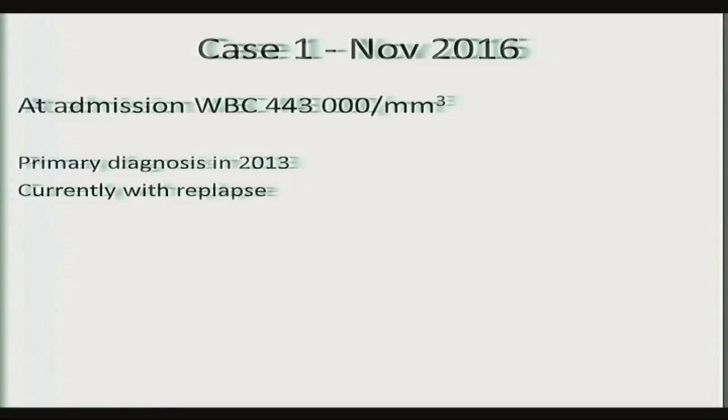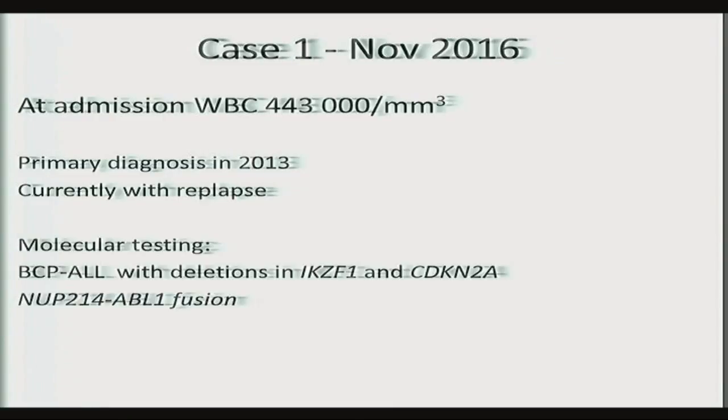So case 1, I am personally involved in this case because during my overnight duty, this patient was admitted with a relapse, and as you see, a very high number of white blood cells. His primary diagnosis was in 2013, so 3 years before, currently relapsed. And we found in this patient the deletion of Ikaros and CDKN, so it's kind of Ikaros plus group.